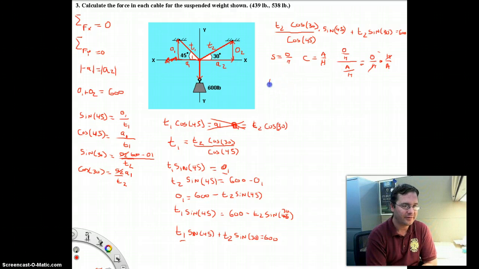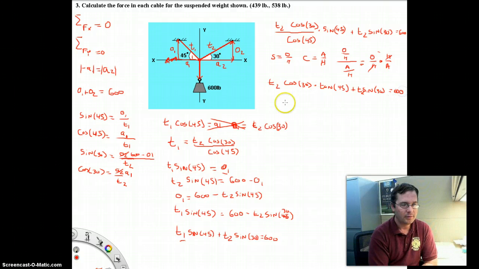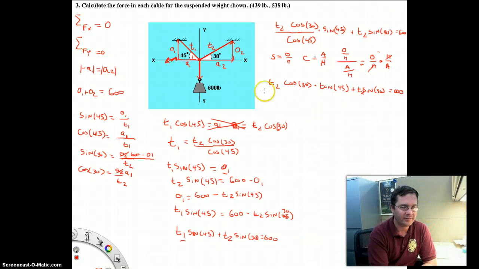So we could rewrite this as T2 cosine 30 times the tangent of 45 degrees plus T2 times the sine of 30 has to equal 600 pounds. But this can be further simplified because T2 appears twice, so let's factor it out.